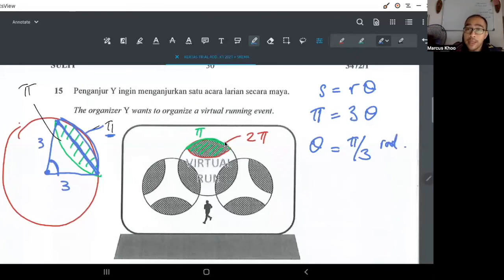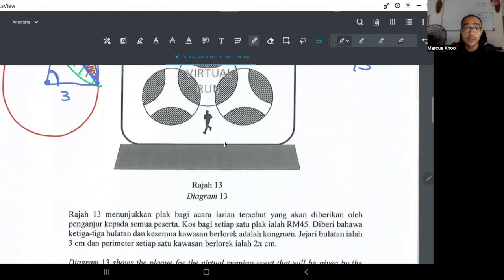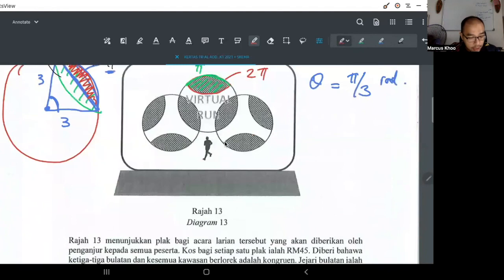Now why is this angle useful to us? Because we can use this to calculate this section. And how do we calculate that? There's a long formula to that. It is the area of sector minus the area of triangle.